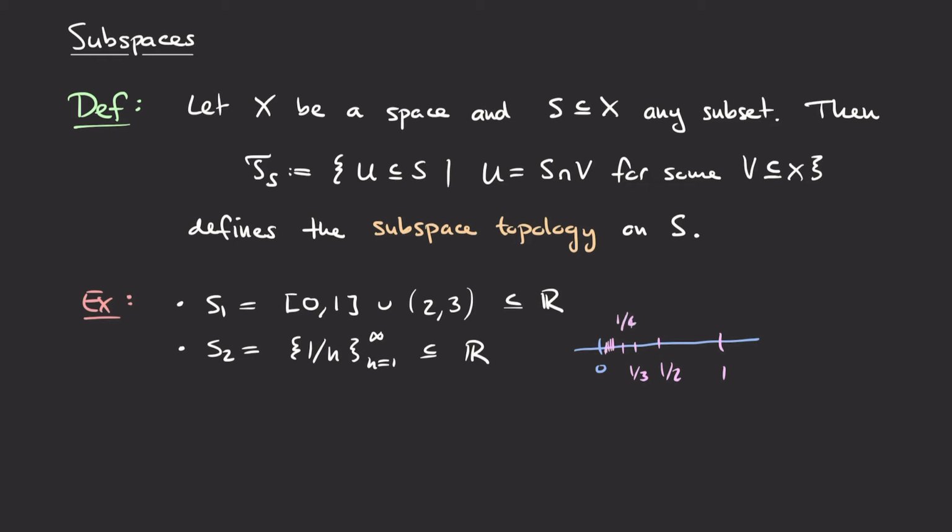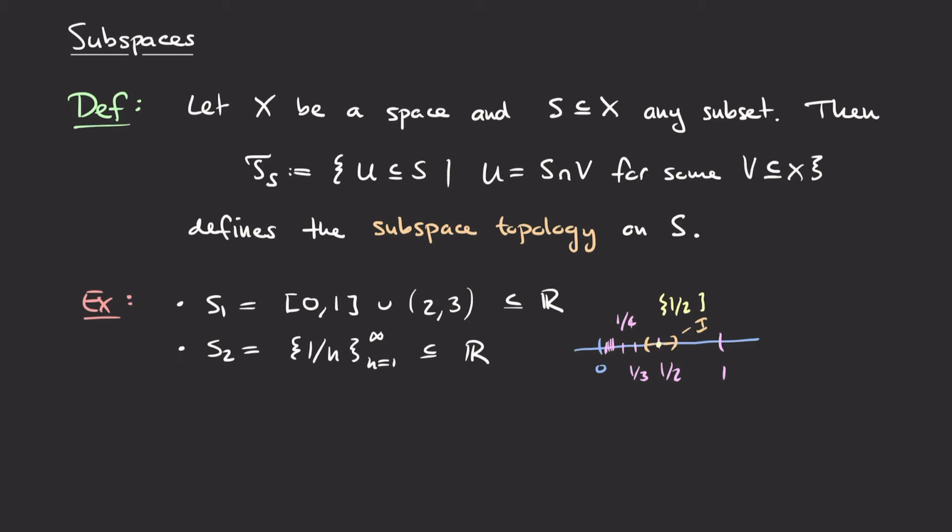So these points, they always get closer together, but they never reach 0. And we could now ask, for example, whether the point 1/2 is open in the subspace topology. As before, because we have some space around the point 1/2 and the other points in S2, we can look at a small open interval, which I'll just call I, around this point 1/2.